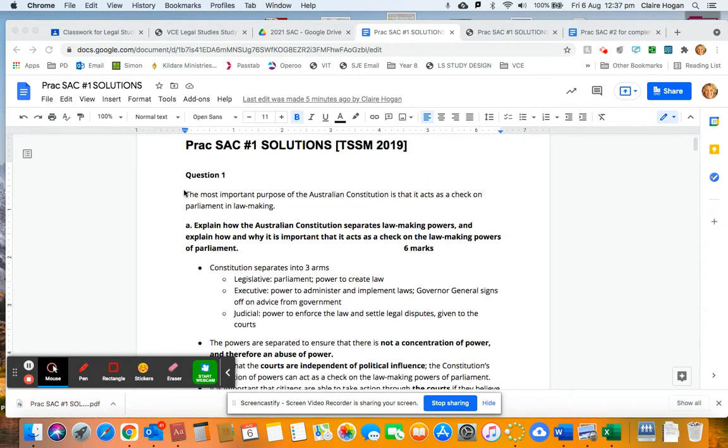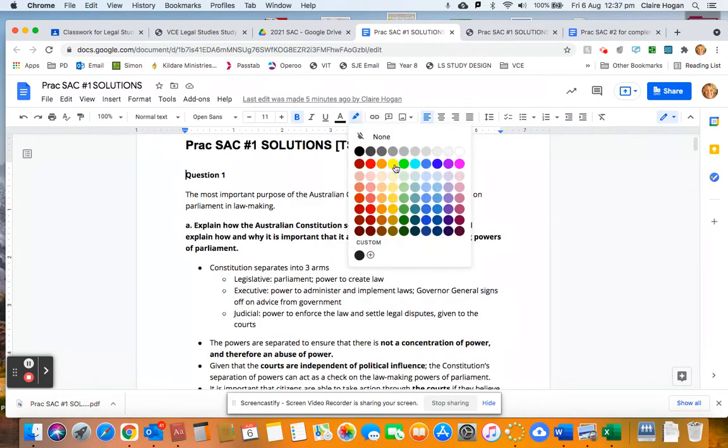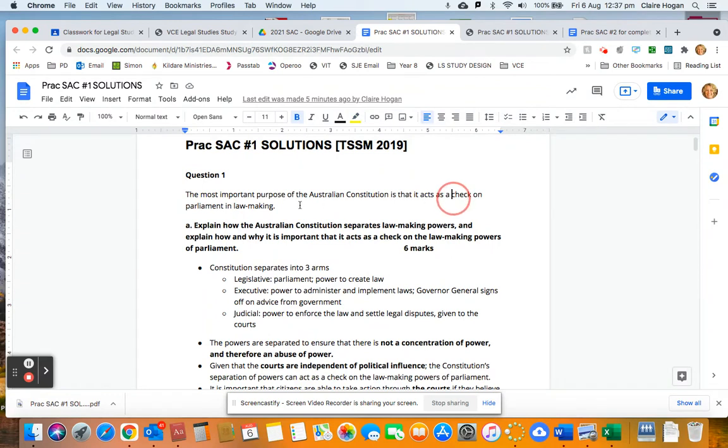Okay, question 1. The most important purpose of the Australian Constitution is that it acts as a check on Parliament. So this is what we've been studying.